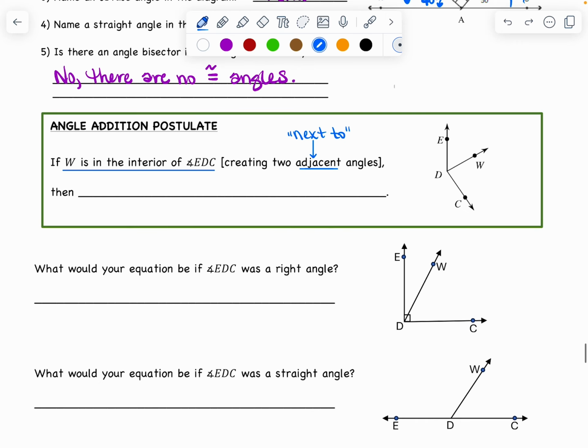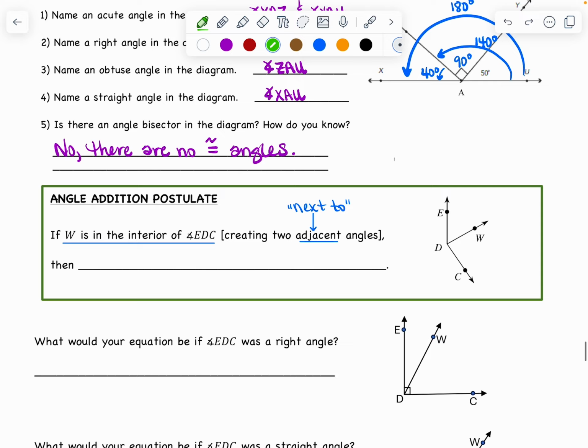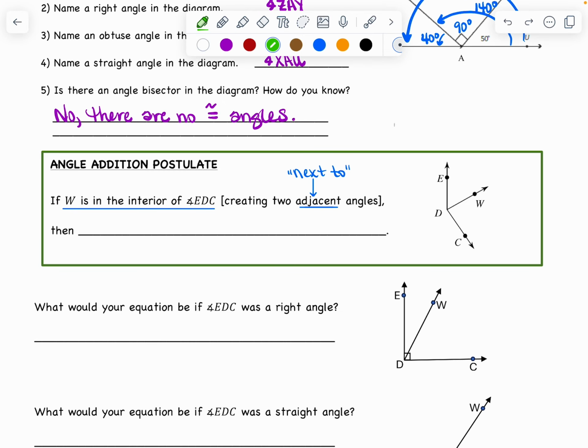Okay, so we can simply use our picture to write an algebra equation. Now keep in mind, we are writing an algebra equation. I'm going to scroll back up here. We're using an equal sign, which means we are referring to its actual numerical measure, which means we need to make sure we're using the m's for measure when we write our equation. So I would write the measure of angle EDW, that top smaller angle, plus the measure of angle WDC, the lower one.